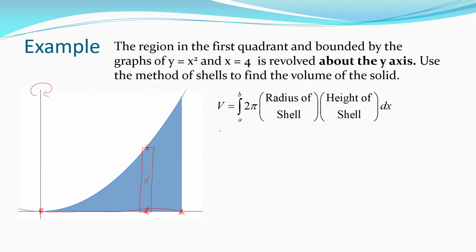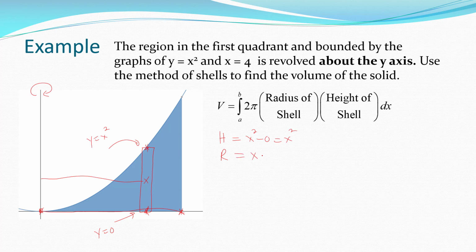Now the height then would wind up being a difference in 2 function values. The top function, this would be given by its y-coordinate, that's x squared, and this y value is, of course, 0. So the height is then x squared minus 0, which is just x squared. Now the radius, that's the distance from the center of the rectangle to the axis, and that distance is just, well, x.